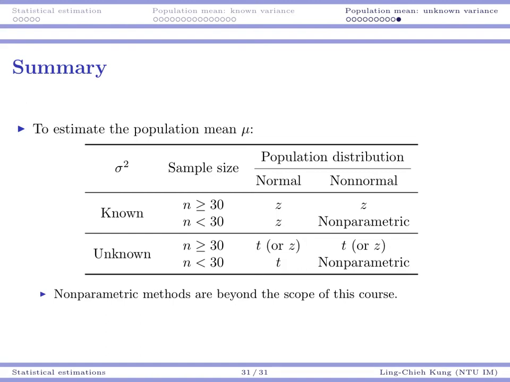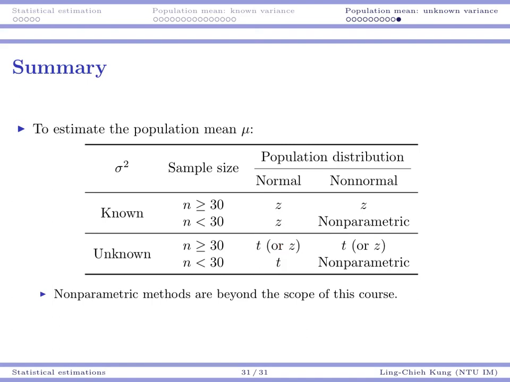When your population variance is unknown, but your population is normal, you can use the t distribution. Or if the sample size is large enough, technically you can use Z, and we will just use t as an approximation because that's the only way for you to overcome the fact that you don't have sigma. Okay, so these three cases here we use Z, the three cases here we use t.